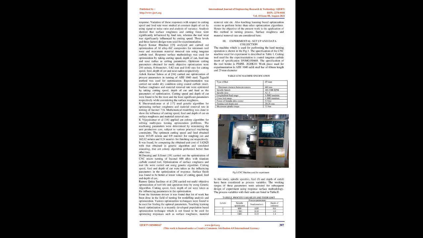Feed rate followed by tool nose radius were the most influencing parameters affecting surface roughness in the CNC turning of AISI 410 steel. By carrying out the optimization, the optimum combination of parameters obtained were 255.75 m/min, 0.3 mm, 0.1 mm/rev, and 1.2 mm for cutting speed, depth of cut, feed rate, and tool nose radius respectively.